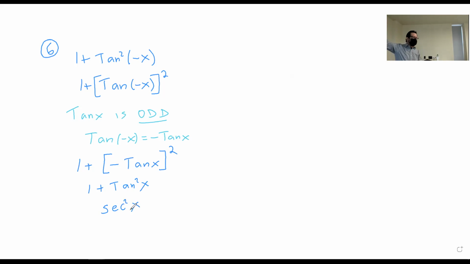Now, this could be a variation of the Pythagorean identity, saying that 1 plus tangent squared of x is equal to secant squared of x. But 1 plus tangent squared of minus x is also equal to secant squared of x. Imagine that I've got minus x elevated to the square.